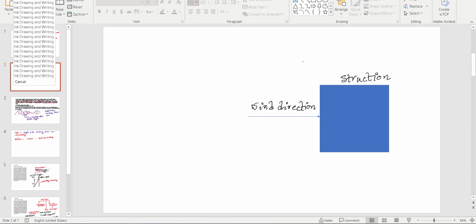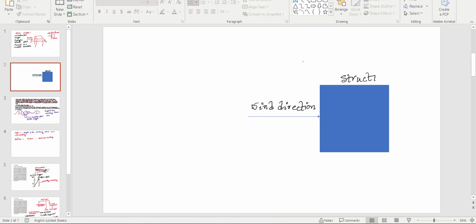If wind is flowing in this direction, there may be some inclination theta. So this is called the angle of attack.